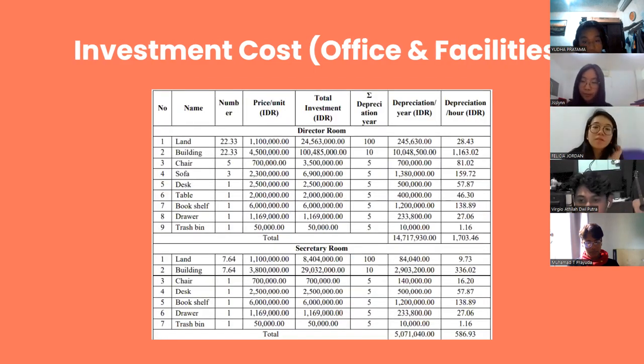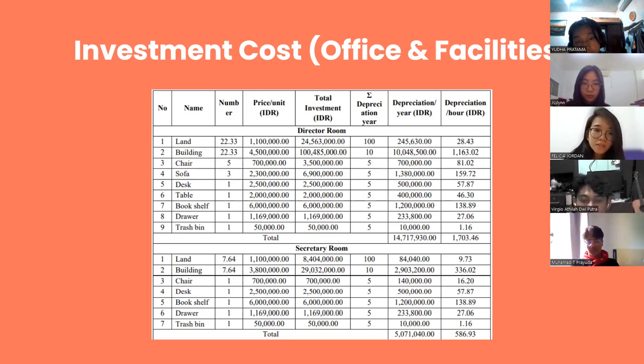Aside from the investment costs that we calculated previously in the production floor, we also calculated the investment costs within the office and other facilities. The table here shows an example of the director room and the secretary room. However, in the report, there are many other offices and other facilities that we calculated.